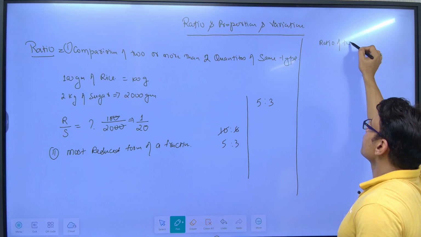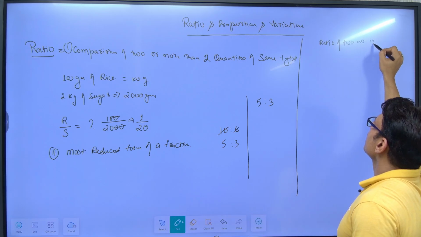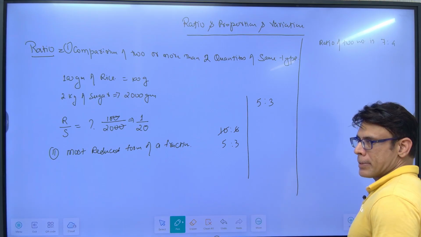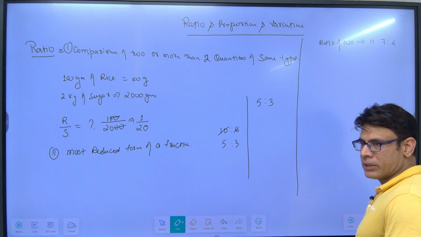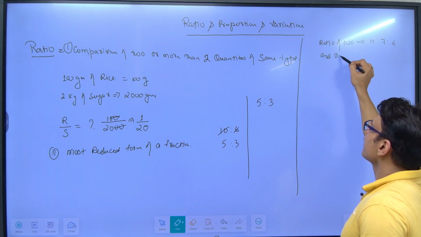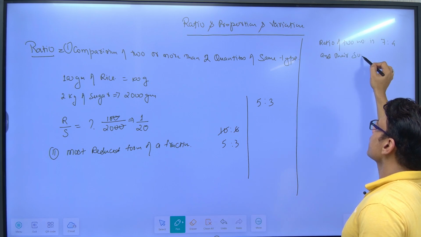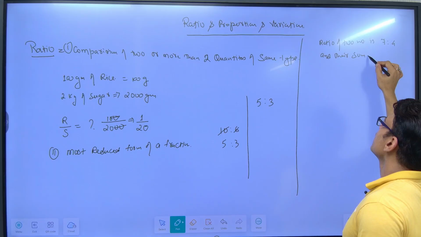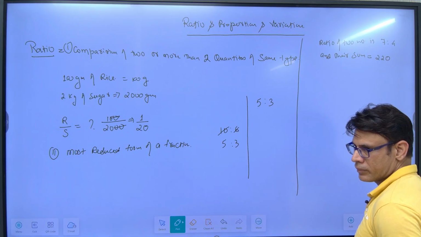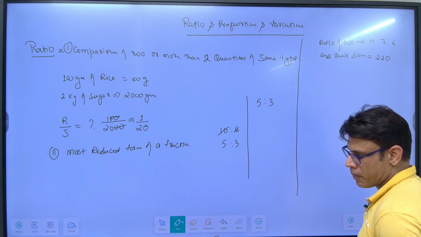Ratio of two numbers is, let's say, 7:4. There are two numbers and the ratio is given as 7:4, and their sum, that means sum of those two numbers which we don't know, is given as 220, right? Then find the numbers.